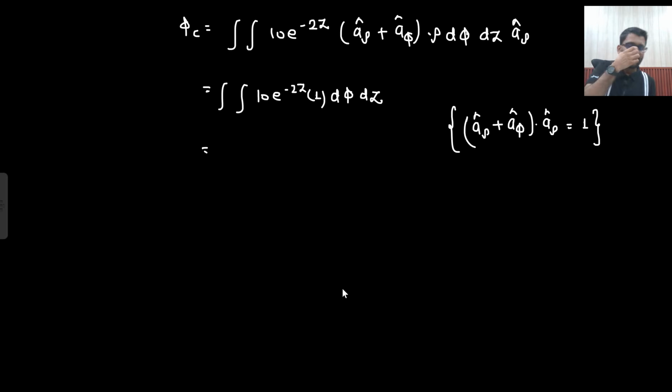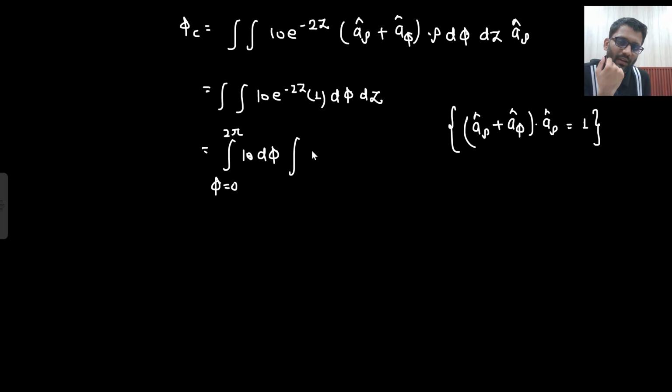So only the limits of d phi and dz remain. Tan is constant and only the d phi term is there, and phi is going from 0 to 2 pi. And then e to the power minus 2z dz, where z is going from 0 to 1.